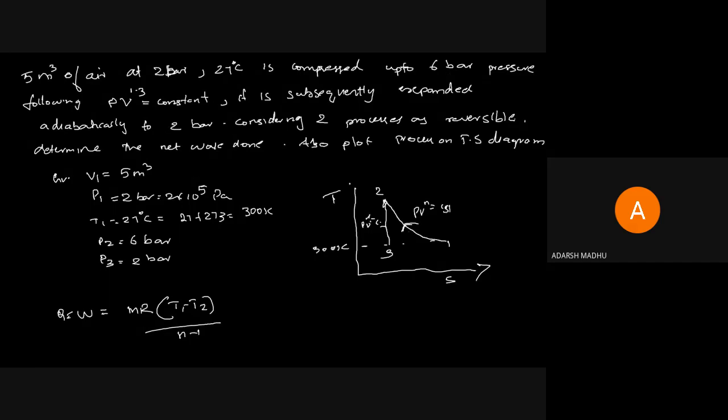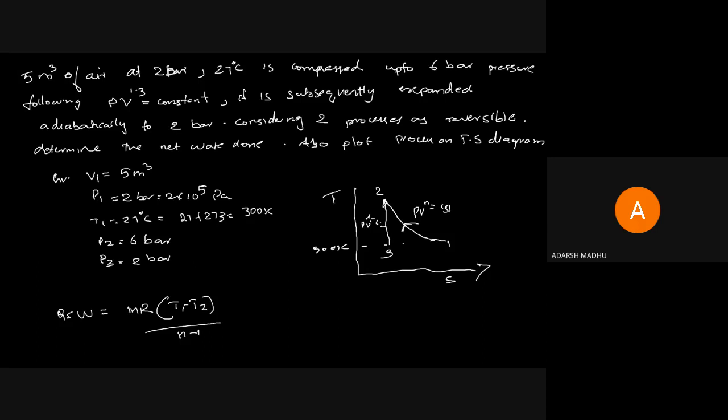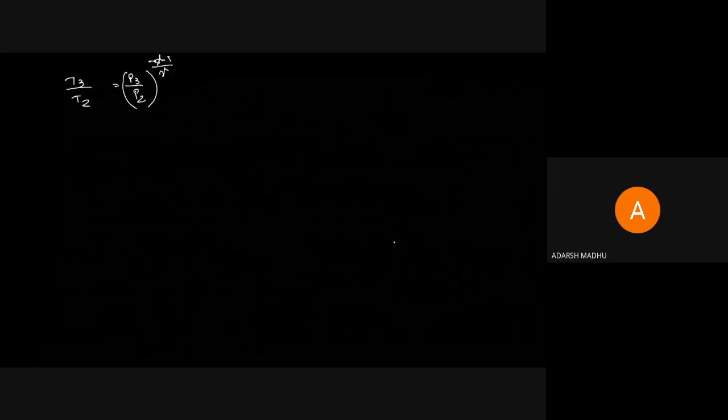That is the 1 to 2 process, the compressing process. In the second process, P2 is 6 bar, and it is subsequently expanded to 2 bar. The third pressure P3 is also given. Why is P3 given? To find T3. So substitute the value for P3 and find T3.